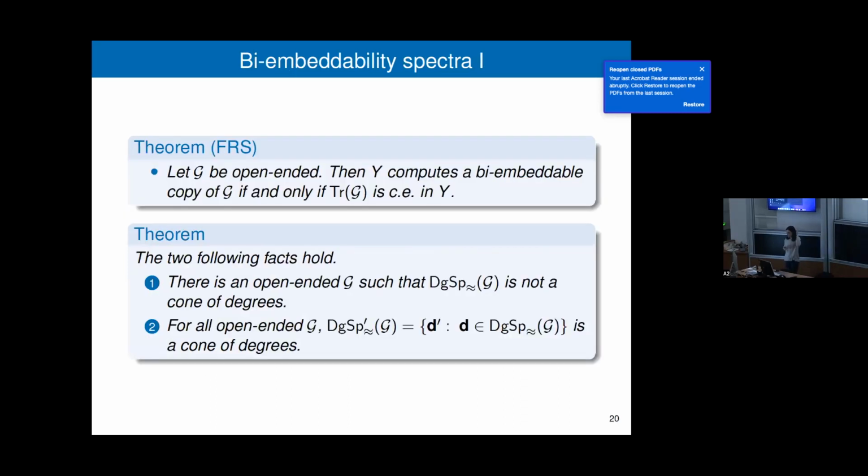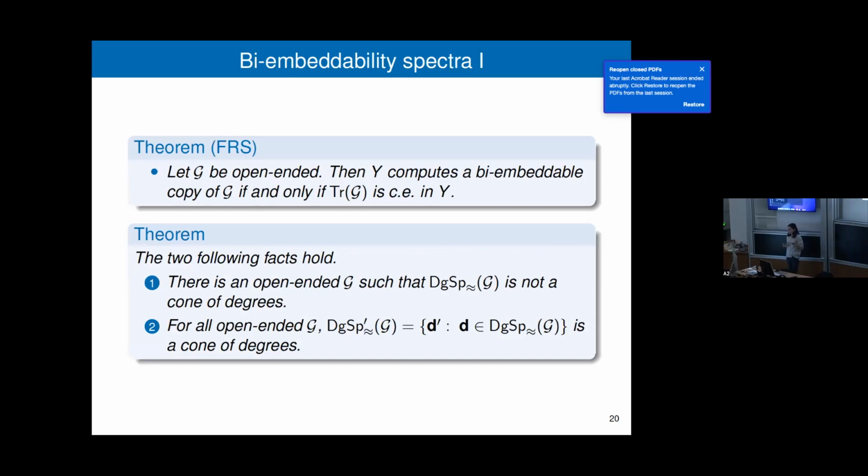So here, for bi-embeddability, if we have an open-ended graph, then some Y computes a bi-embeddable copy if and only if some specific set associated with this graph G, the trace of G, is CE in Y, where the trace of G is just the set of indices of all finite graphs that are embeddable into our graph.